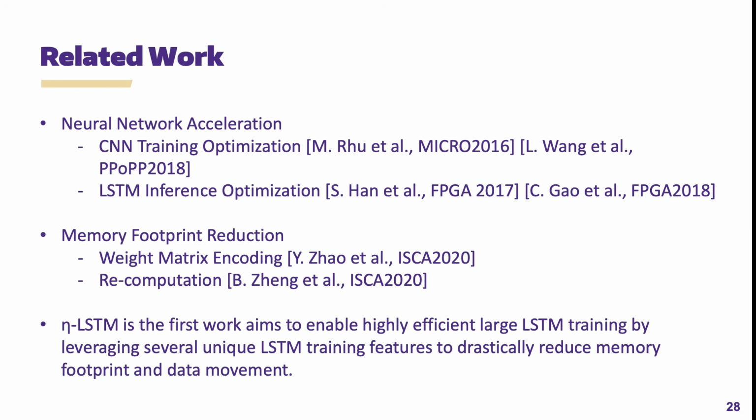They propose weight matrix compression and recomputation schemes. But the memory footprint problem of LSTM training comes from the intermediate variables, and compressing weights can hardly reduce the amount of intermediate variables. On the other hand, it is costly to recompute these intermediate variables for LSTM training, as we discussed previously, making recomputation not an appropriate solution for LSTM training acceleration.